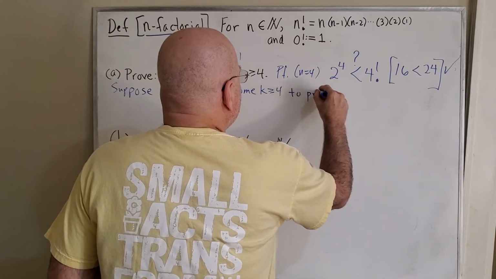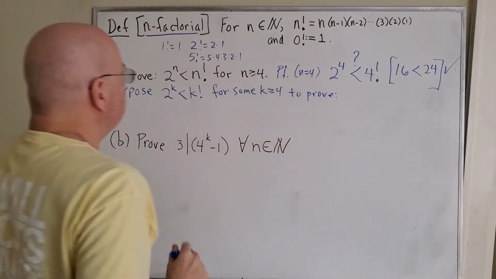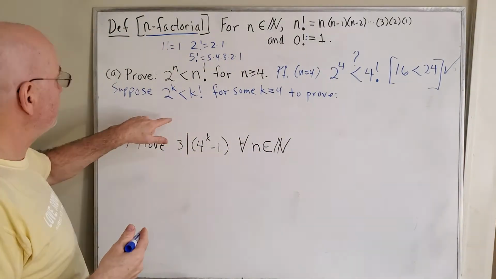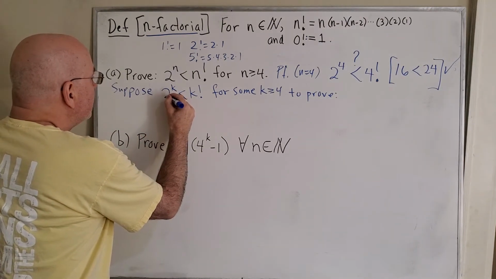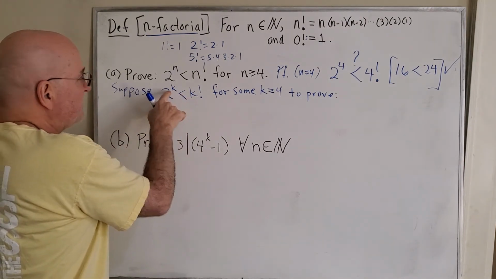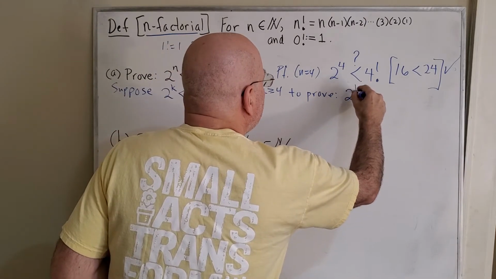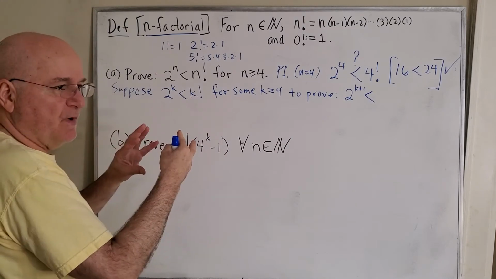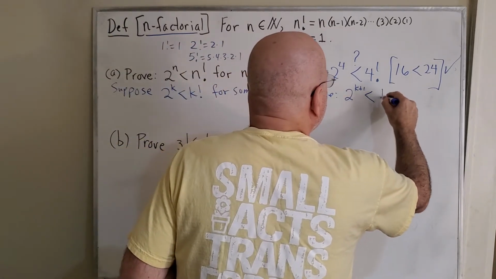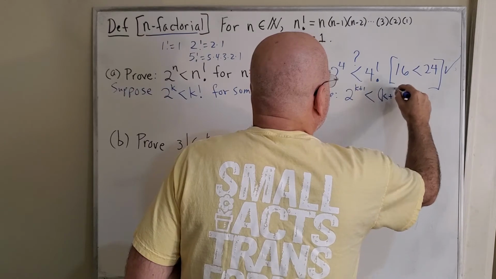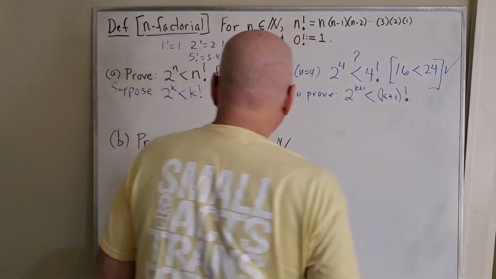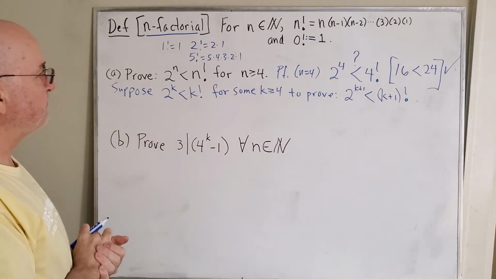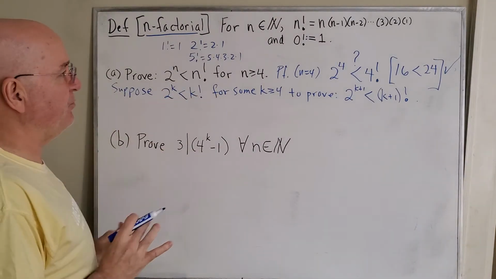To prove that the statement holds for k plus 1, which means the left side would be 2 to the k plus 1, and the right-hand side would be k plus 1 factorial. So we've now explained to the reader exactly what we're going to do in this inductive step. And as soon as we do that, we'll be done with the proof.